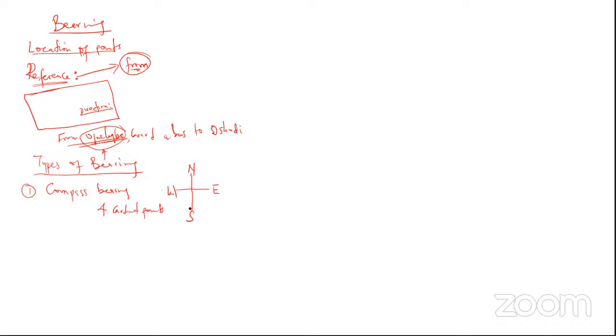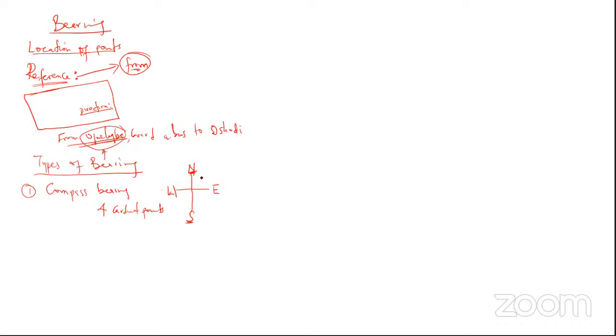So those are the 4 cardinal points. In trying to locate our bearing using the compass bearing, we refer to either the north or the south. We start from either the north or the south as reference.